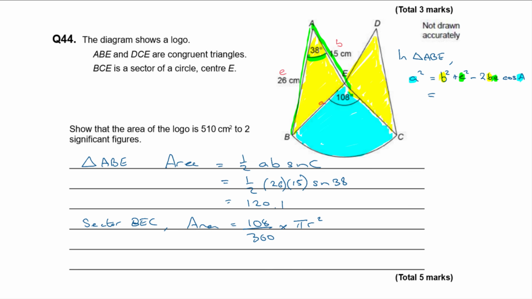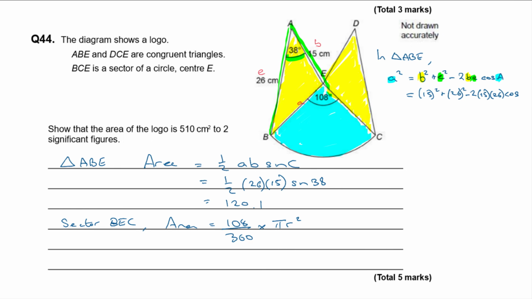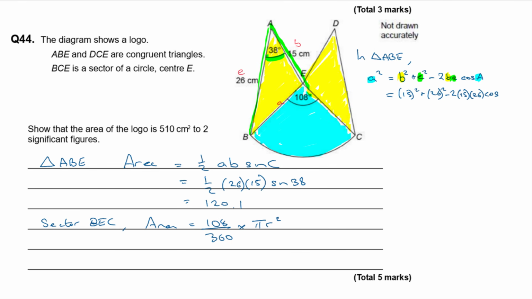So then subbing in carefully, B is 15, 15 squared, E is 26, 26 squared, minus 2 lots of 15, lots of 26, and then cos of the angle, which is 38 degrees. Okay, so that's what we need to type into the calculator, very carefully. I'm going to press the square root this time, so I don't have to faff around in between.